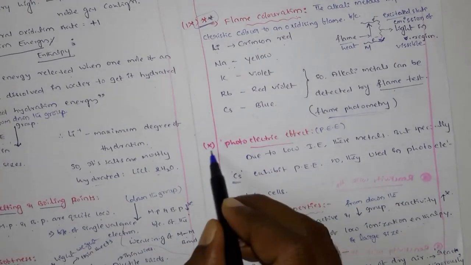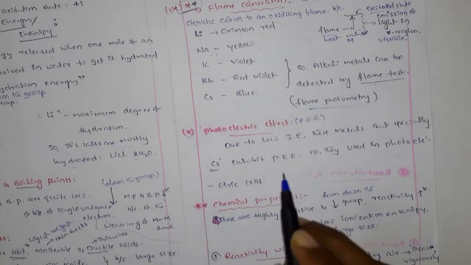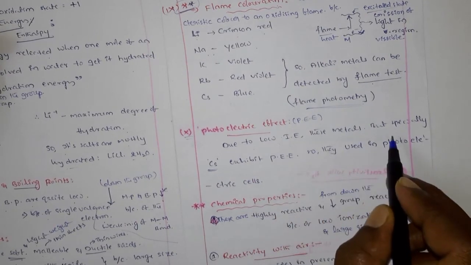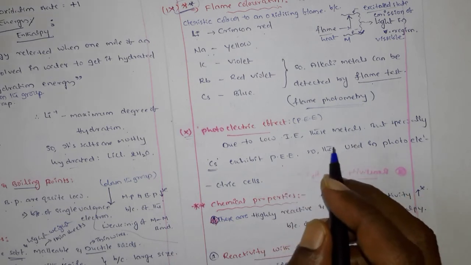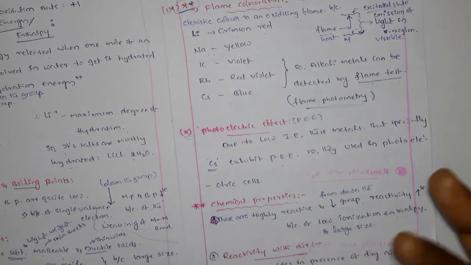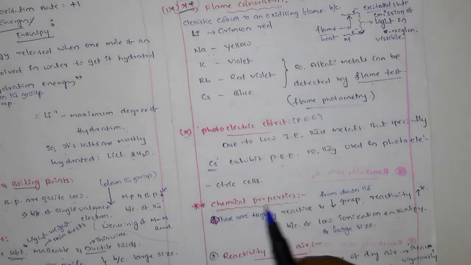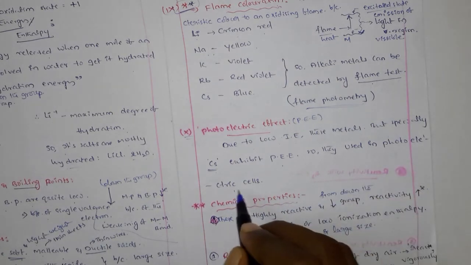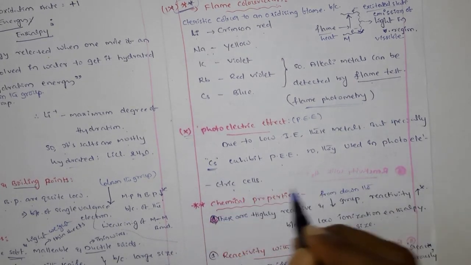And the last one is the photoelectric effect. Right now it is not a very big topic. Just understand that due to the low ionization enthalpies, these metals, especially cesium, exhibit the photoelectric effect, meaning it can easily excite the electron present in cesium, and while coming back it releases a lot of radiation. So they use it in photoelectric cells.